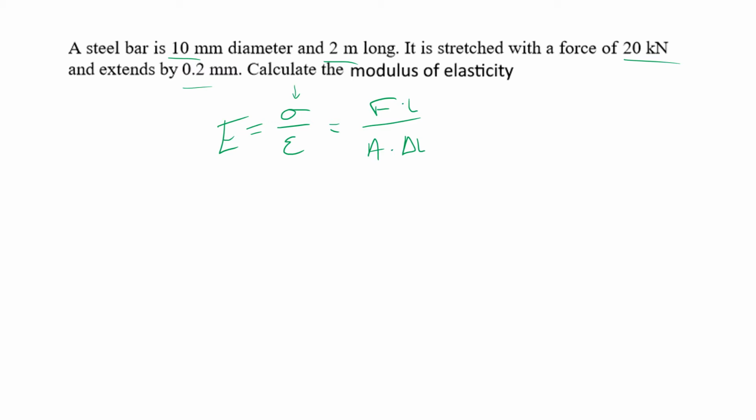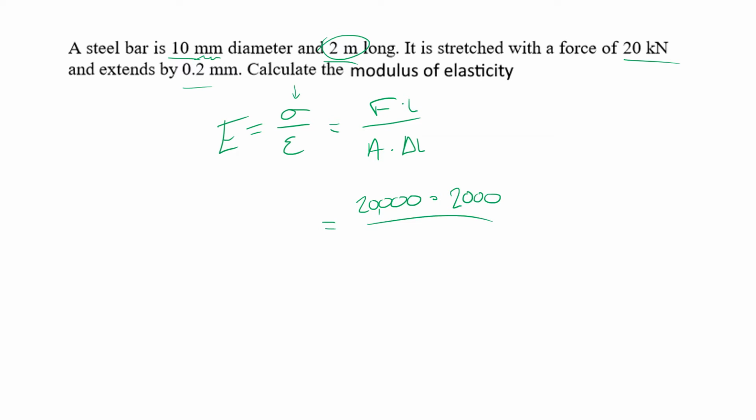All right, so then we just got to plug each one of these pieces in. So F is going to be 20,000, times L. L is 2 meters long, but we got to be careful because we want to be in millimeters, so that way it's the same as all the other units there. So let's switch it to 2,000.